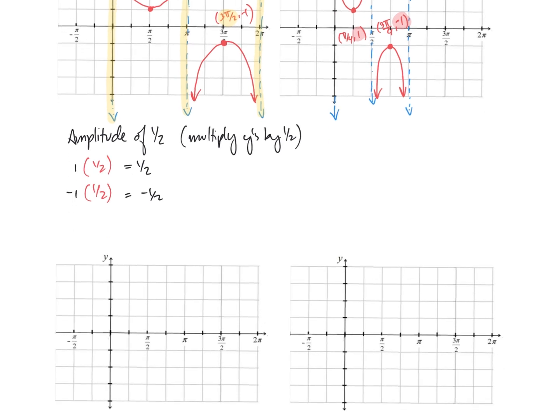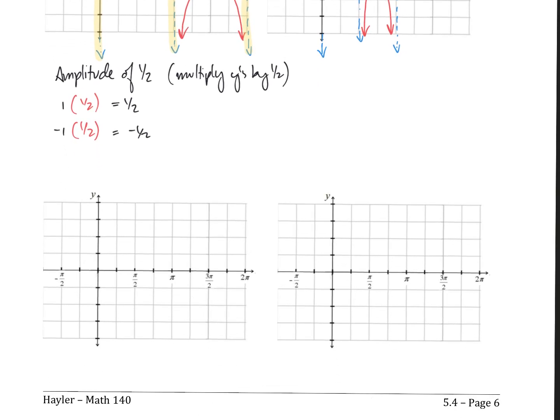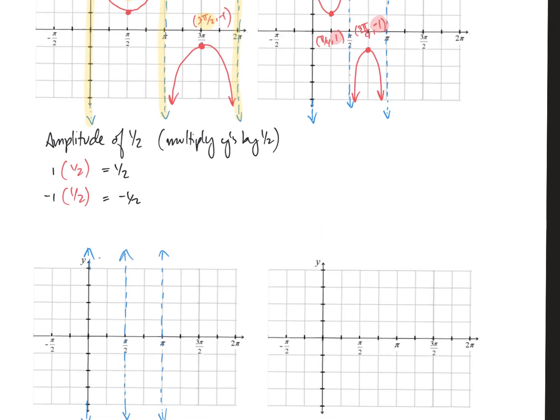Once again, the pi values will stay in the same places. The only thing that changes is going to be our y values. So I'm filling in my asymptotes. And my pi values are still pi over 4 and 3 pi over 4, except now we go to half and negative half.